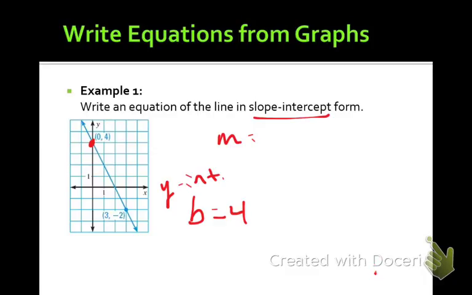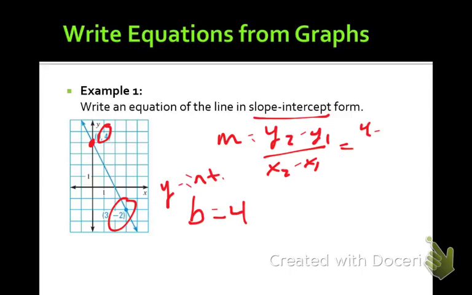Okay? Now, the slope. We've got to find the slope. And we talked about last class that slope is rise over run, or it's the change in y over the change in x. The change is represented by subtraction. Right? So in other words, we've got to subtract the y's, subtract the x's. And so the y's are 4 and negative 2.